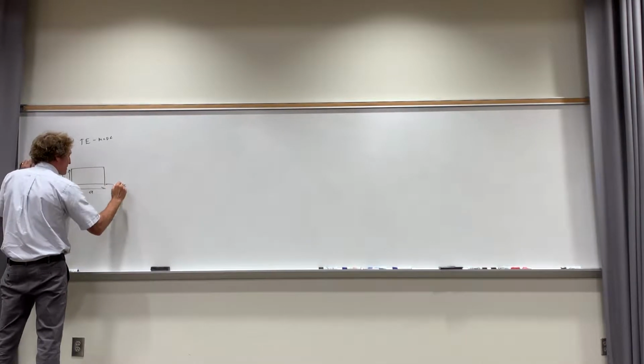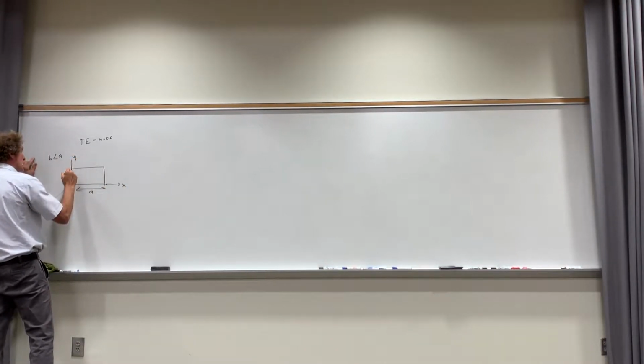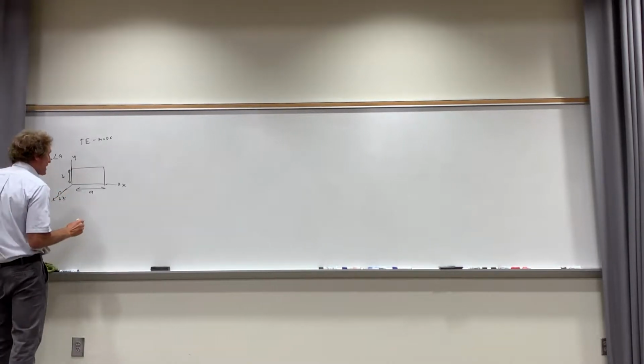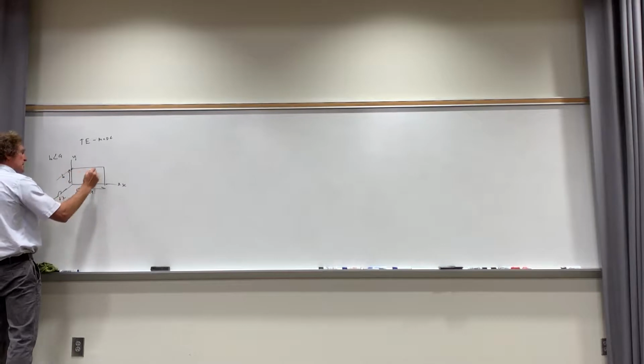Call this X, Y, and assume the propagation is in the Z direction, so this would be the plus Z direction. And that's just a cross-section, it's a piece of pipe, really.